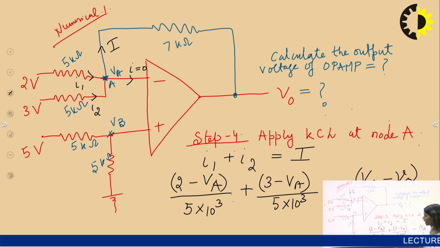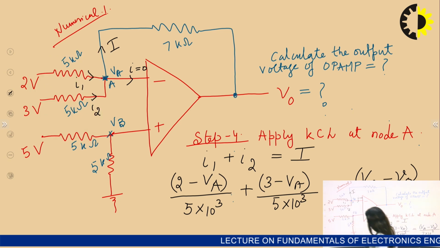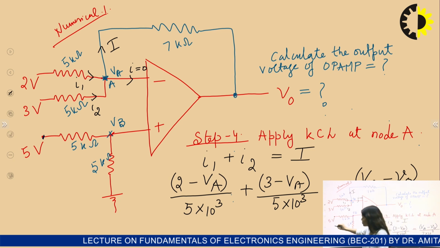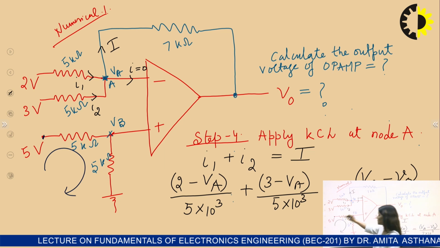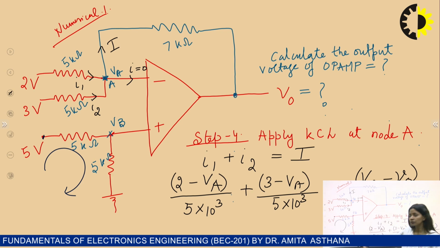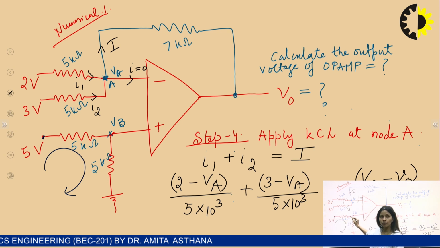So how will I calculate my value VA? See, for this 5 volt voltage, there would be no current inside the op-amp. So this circuit is an individual circuit, right? Whatever voltage we are giving from this particular terminal, some voltage appears across this 5 kilo ohm and the rest of the voltage across this 5 kilo ohm.